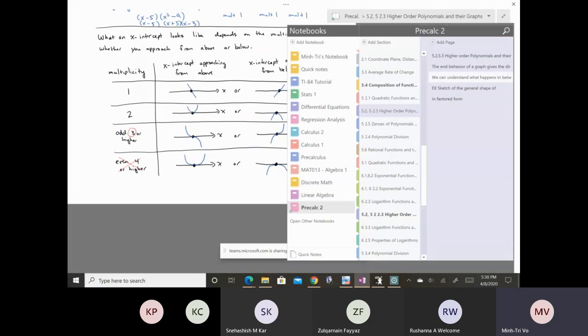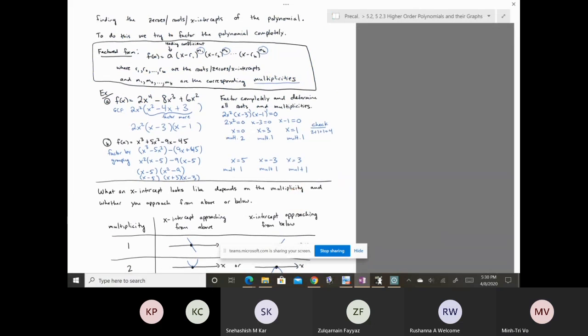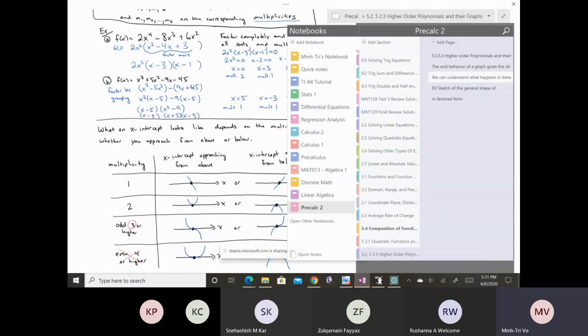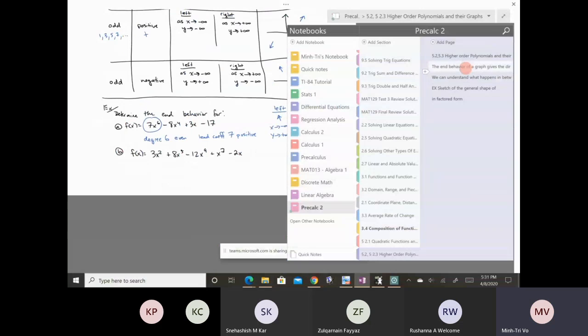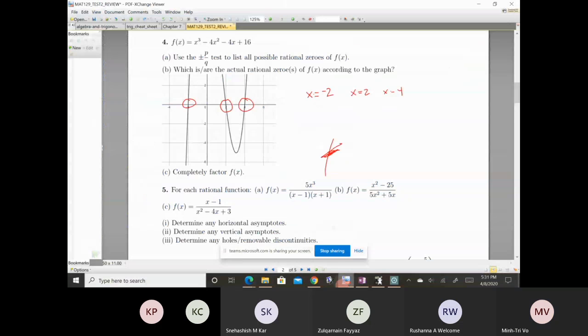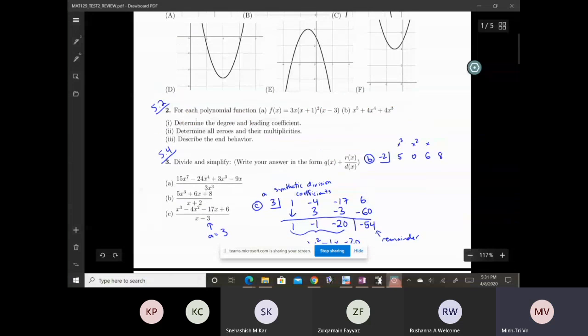This one. What is this? Page 3. That's also end behavior, so that was page 2. So that's page 3 and page 2. So this was 5.2, but specifically pages 2 and 3.